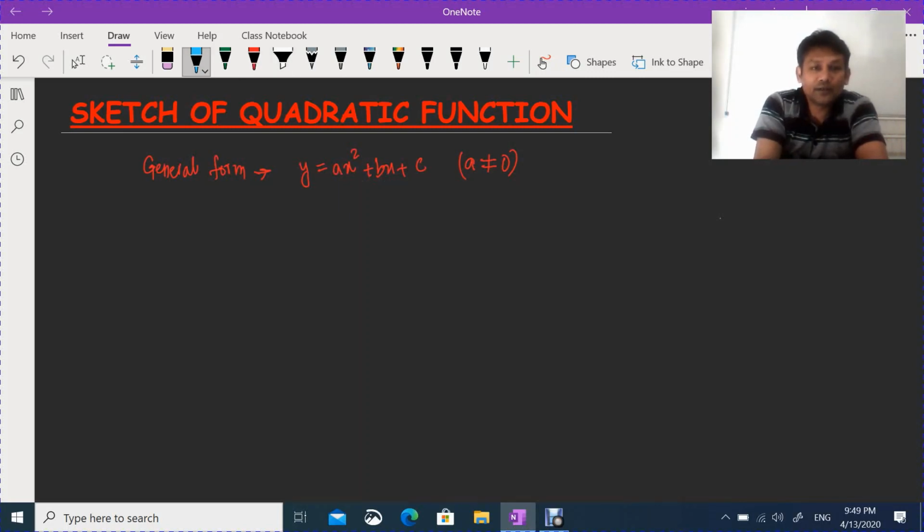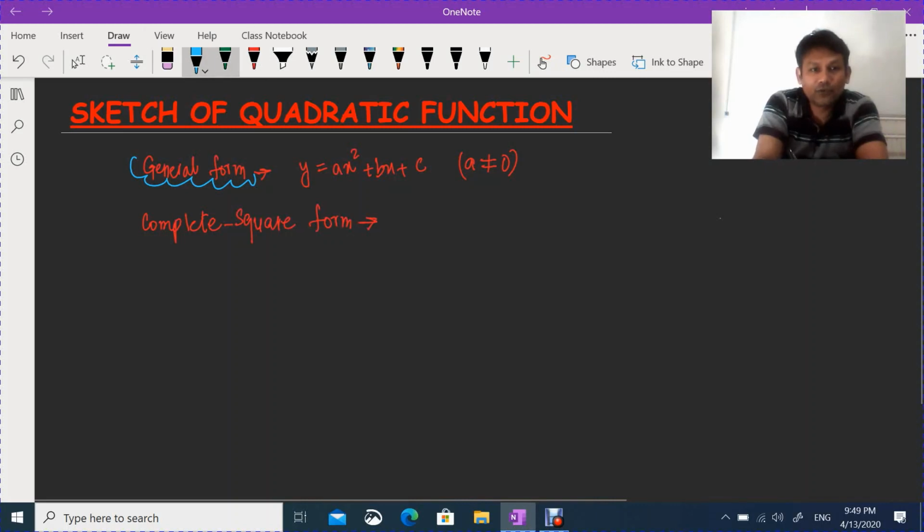Okay, then I am moving to the next part, which is the complete square form of the quadratic equation.